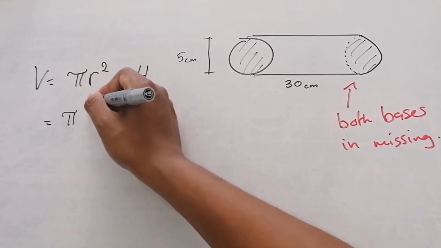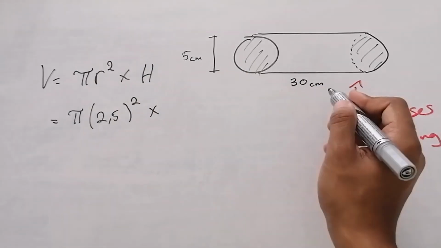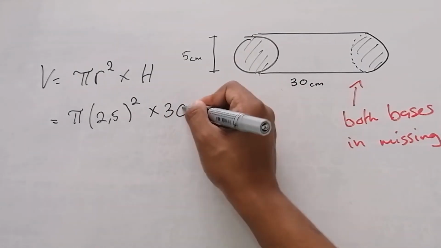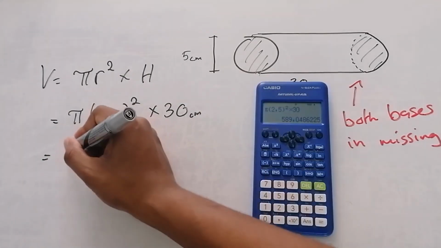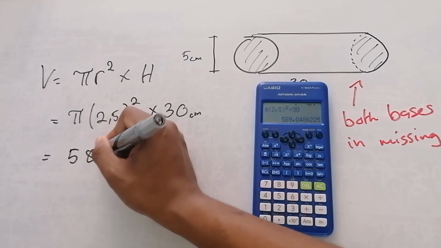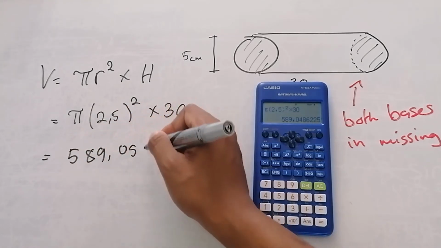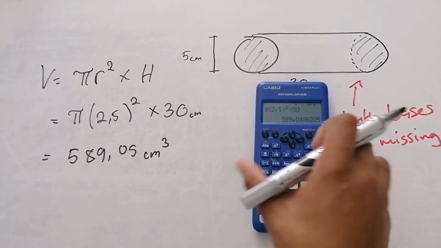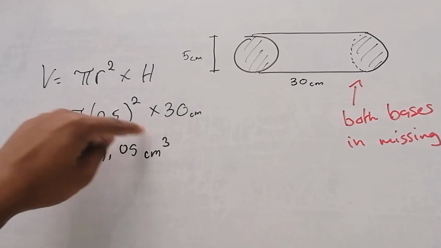So this is pi times 2.5 squared multiplied by the height of 30 centimeters. And so this is equal to 589.05 centimeters cubed. Okay, so that's how we work out volume, always in units cubed.